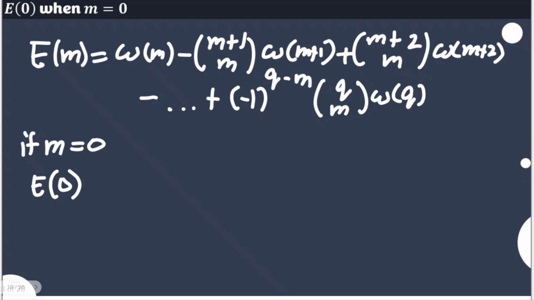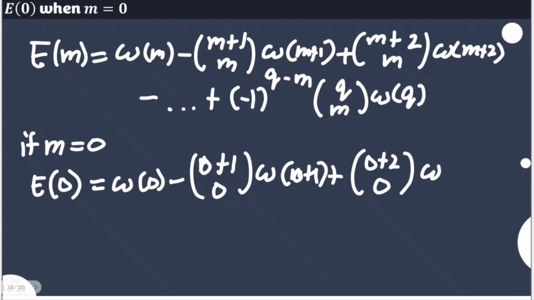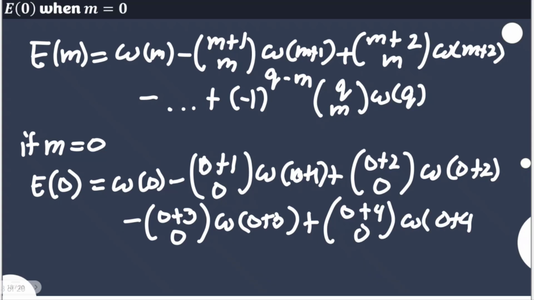E of 0 would be omega of 0, minus 0 plus 1 combination 0, omega of 0 plus 1, plus 0 plus 2 combination 0, omega of 0 plus 2, minus, and in the previous video we actually ended up until 4, so let me also add it here, 0 plus 3 combination 0, omega of 0 plus 3, plus 0 plus 4 combination 0, omega of 0 plus 4.